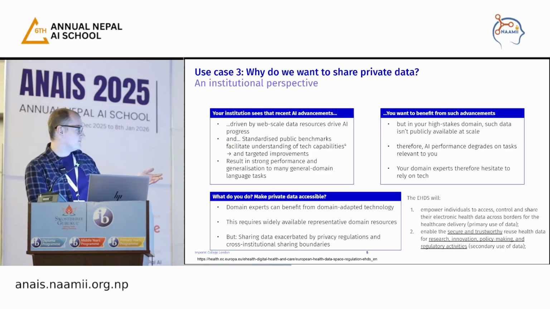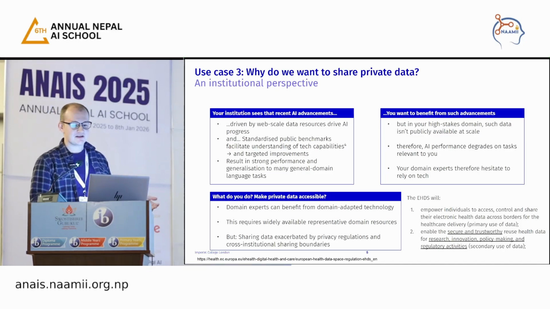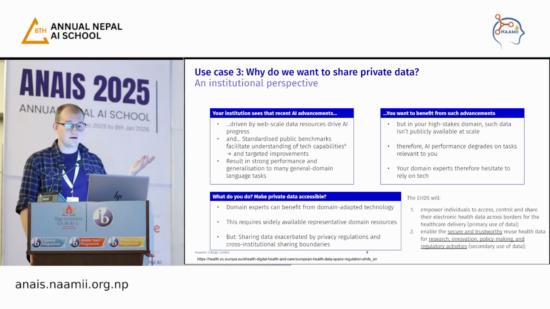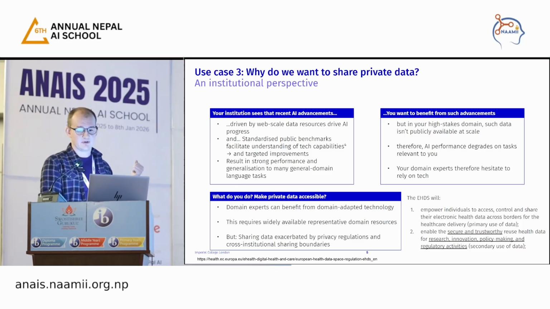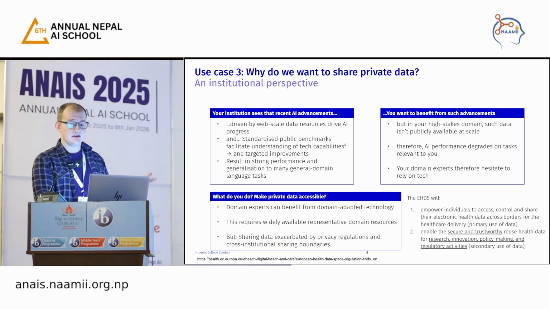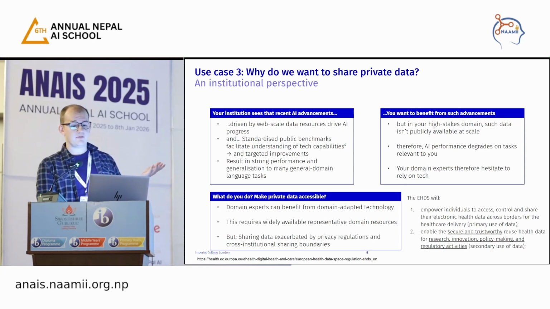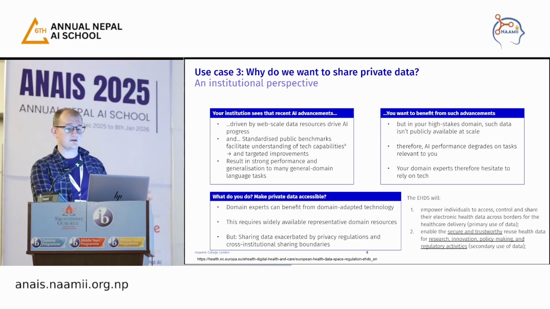And for those who say, well, Viktor, you made up a nice story, it is actually the story that is going to happen. There is a law coming in 2020, or has been agreed upon late 2025 in Europe, which says that this law will empower individuals to access, control, and share their health data.